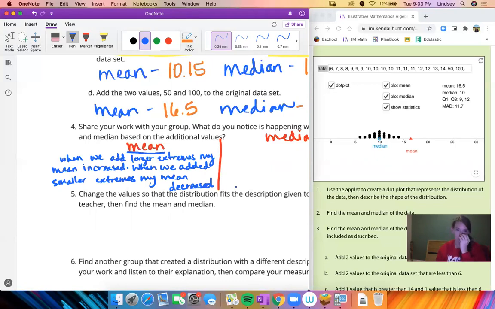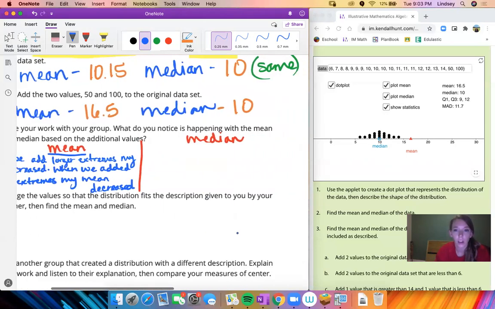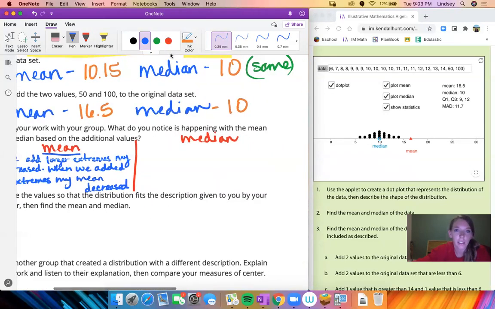Okay? We'll take a second, pause the video if you need to. All right, and then we have our median. Every single time, it didn't matter if we added 100 or a large negative number. What happened to our median every single time we added these high numbers and low numbers?